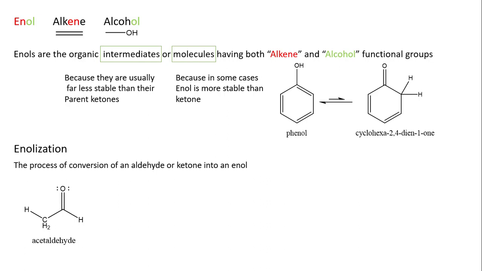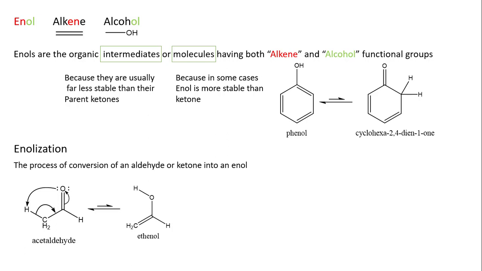So the lone pair of electrons of oxygen will attack the alpha hydrogen, and the carbon-hydrogen bond will be shifted to the carbon-carbon bond. The two carbons are different because one of them is the carbonyl carbon and the other is the alpha carbon. And the carbon-oxygen double bond will next be shifted to the oxygen, and we will get the corresponding enol, which is ethenol in this case.